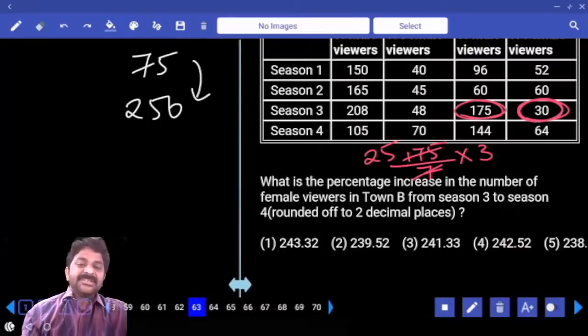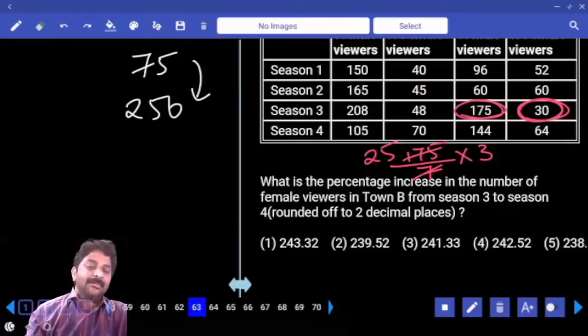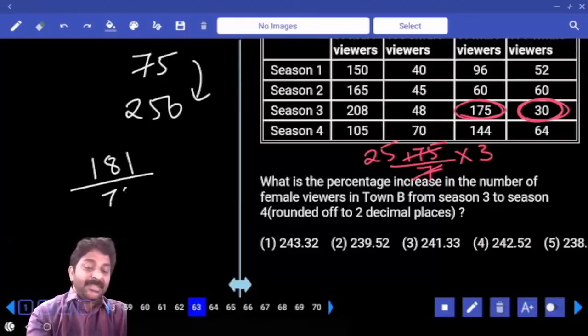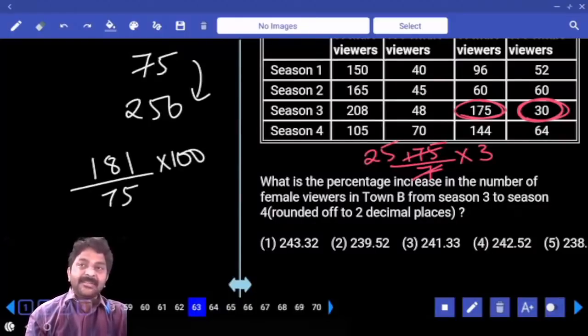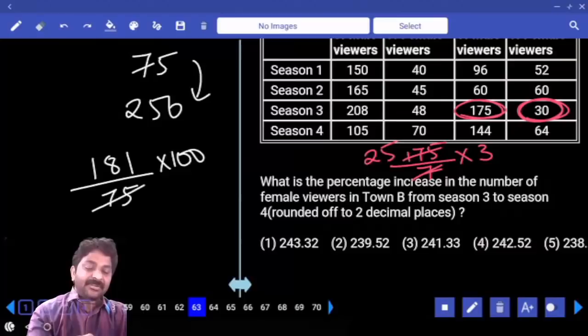Okay. 75 becomes 256. How much increase is there? 181, with respect to 75. Percentage into 100. Correct? Right. 75, 25 cancellation. 3 times.